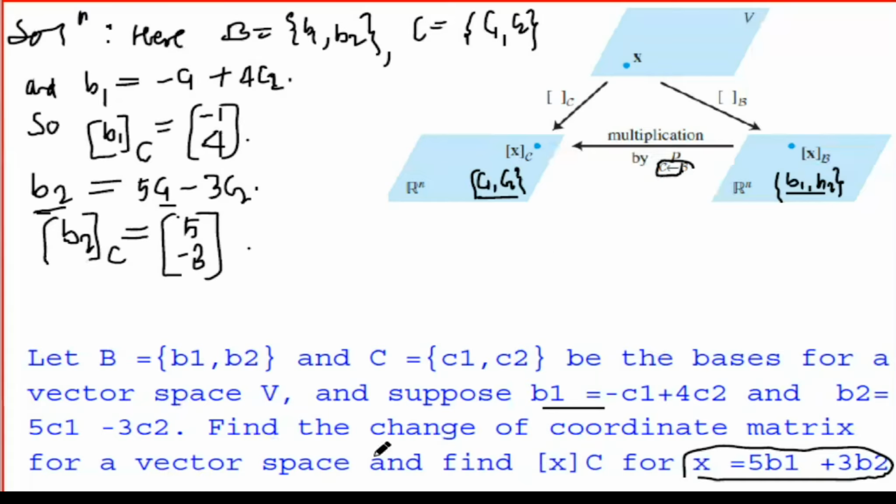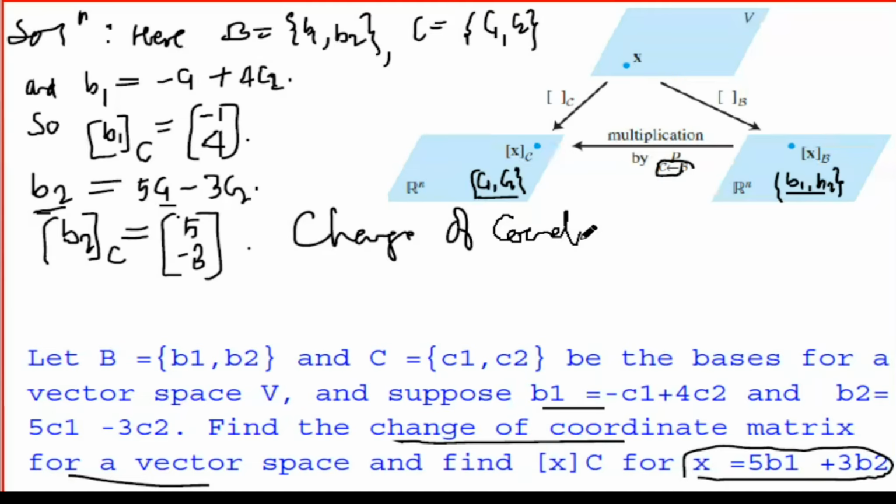We have to find the change of coordinate matrix for the same vector space, from B to C. This is called the change of coordinate matrix.